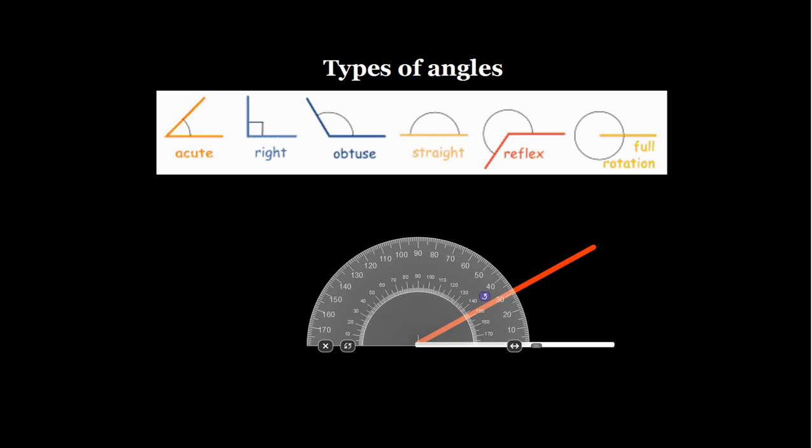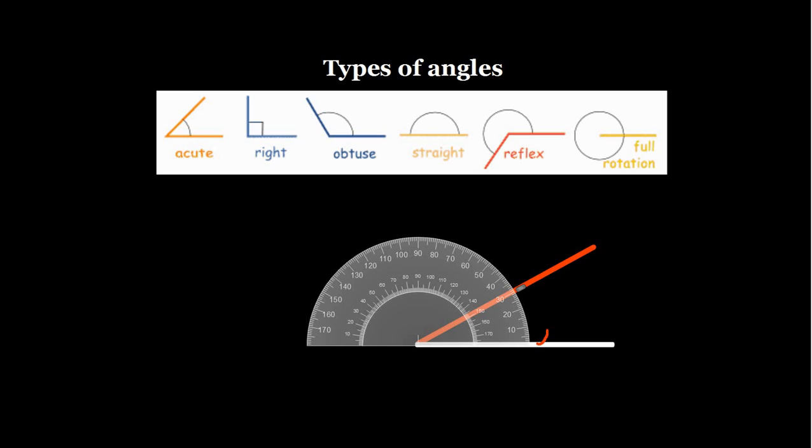The first type of angle we are going to learn is an acute angle. An acute angle is an angle that is less than 90 degrees. So this angle here is about a 30-degree angle.